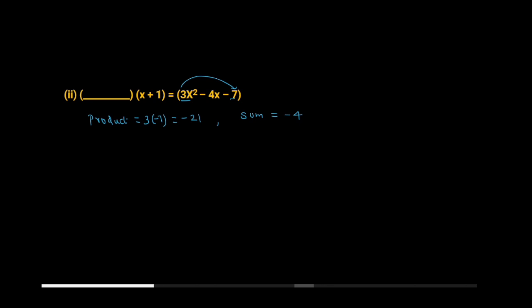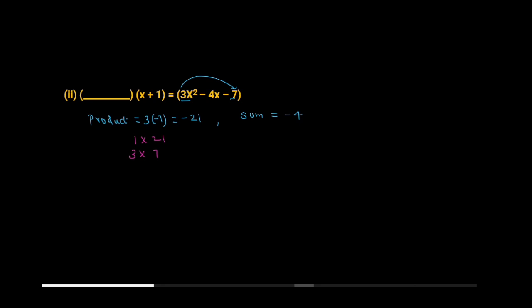What are the factors for 21? We need to get minus 21, so 1 into 21 or 3 into 7. These are the two factor pairs for this.